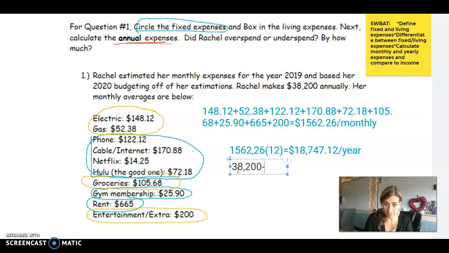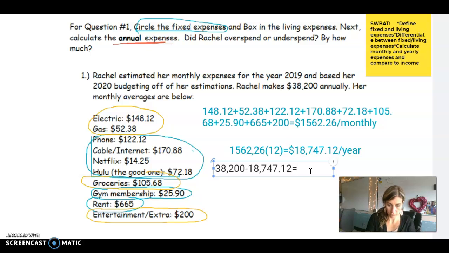So we're going to find the difference because the question asks for us to do so. It's going to be 19,000 something or other. $19,452.88.